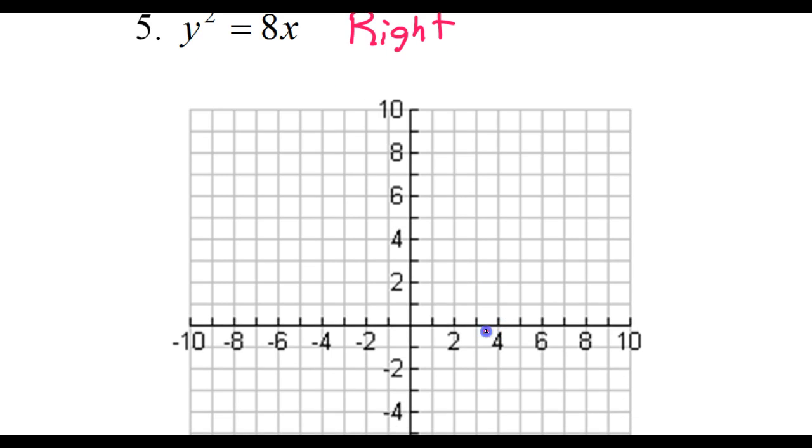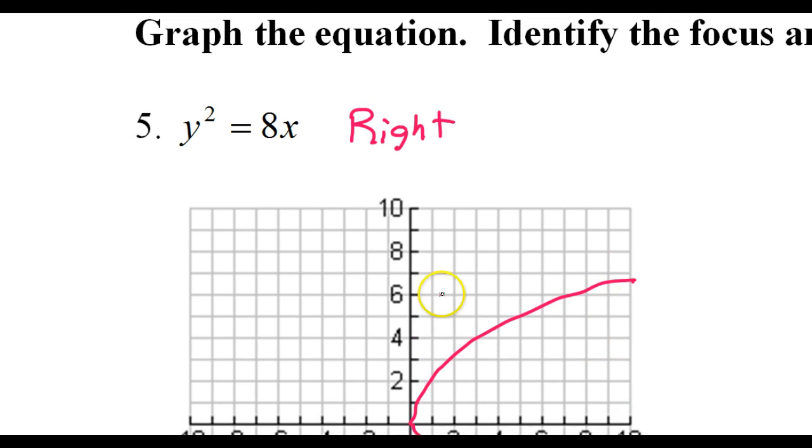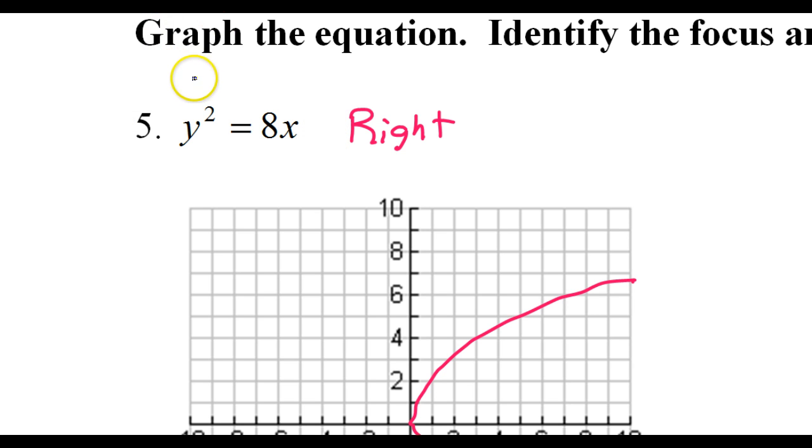Okay, so don't draw this yet the way I am. I just need to illustrate what you should be thinking. So you know the parabola is going to be doing something like this, facing to the right, like we just said. Don't draw it yet, it's too soon. Now, we need to know what p is. Like we said a moment ago, the model is y squared equals 4p times x.